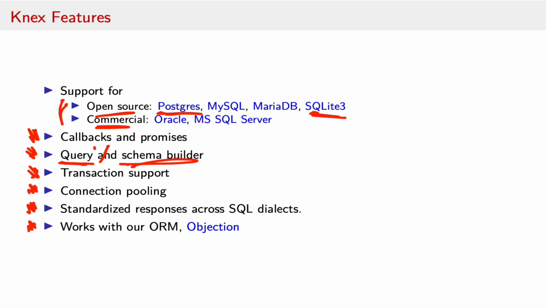There's the database itself, and then there's going to be the query builder that knows how to create the SQL, but that query builder is going to be used by an object relational mapping tool that allows us to convert the tabular structure of a relational database into the object structure that's used more natively inside of JavaScript. So Knex works great with our ORM, which is called Objection.